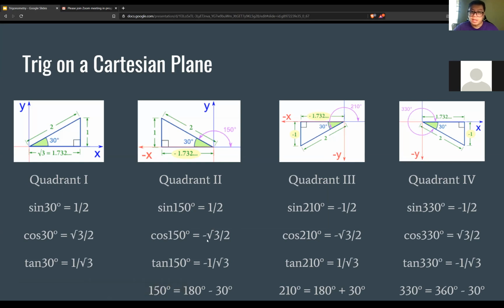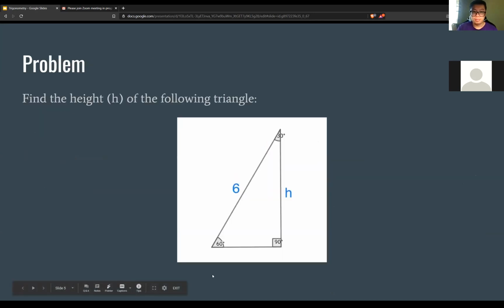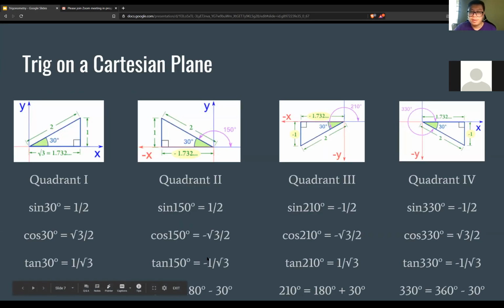So that's why this is negative square root 3 over 2. Now tangent of 150 degrees is y over x. So the y length divided by the x length. Remember, the x length is negative, but the y length is positive. So you're dividing a positive number by a negative number, and you get a negative ratio.